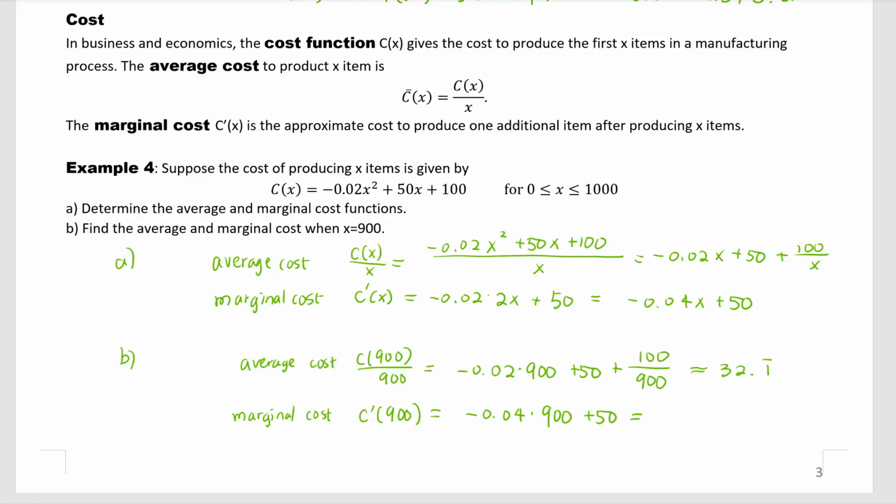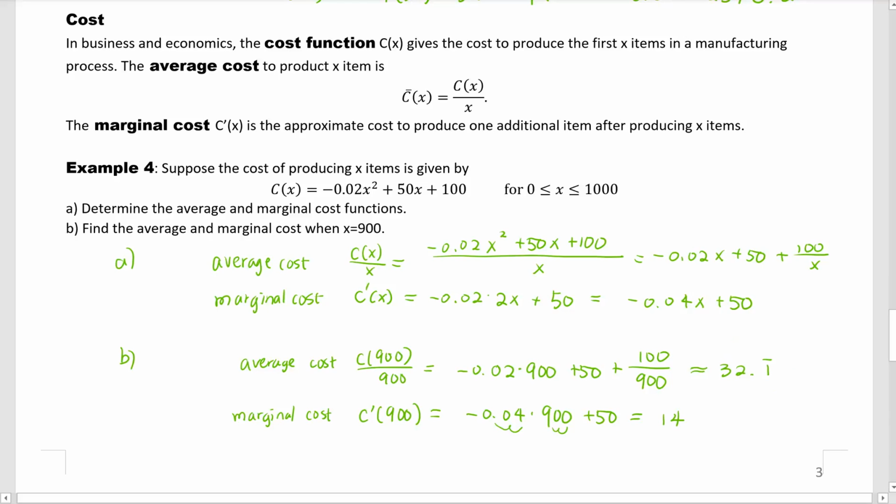Okay, so you know this 20 and this 20 cancel. 4 times 9, 36. 50 minus 36 is 14. So far, so good. So the average cost is usually bigger than the marginal cost, because the average cost takes into account the rent of the factory, electricity, and the salary of the people, right?